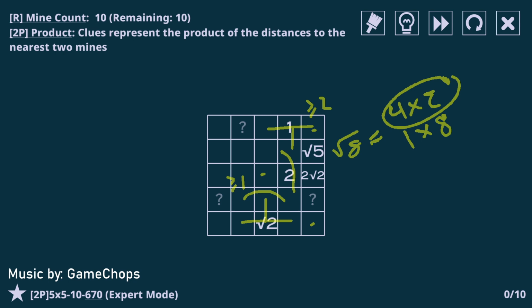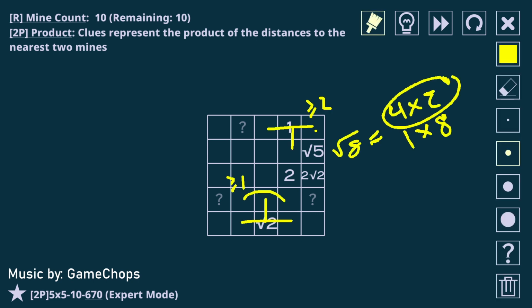Oh no. Oh, I see. This is really tough, by the way. But we also know that because this root 8 counts one of the mines on the outside, the root 2 that it counts has to exist as only one mine. Yeah. Oh my. Alright, let's erase all of that.